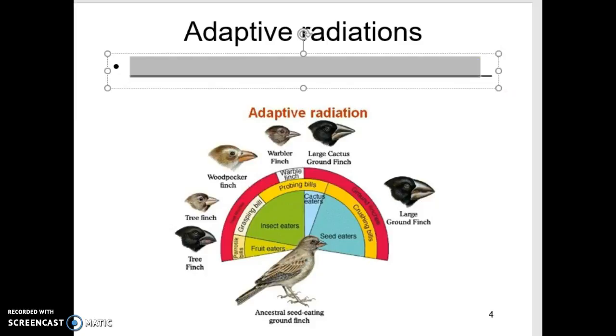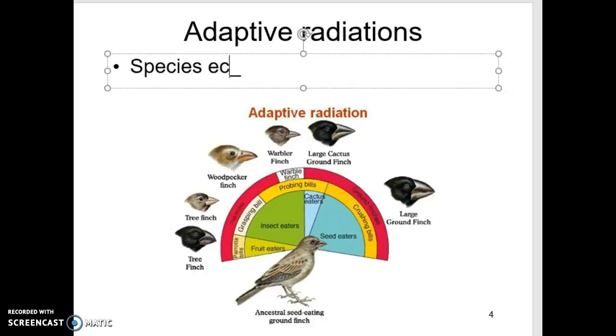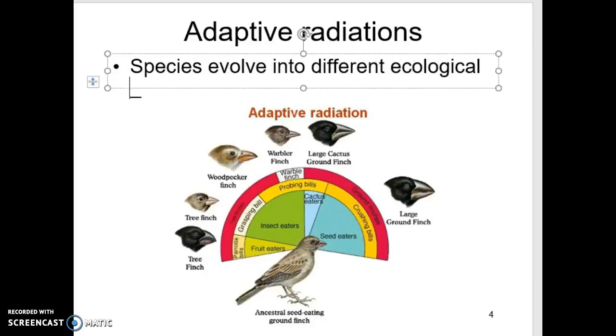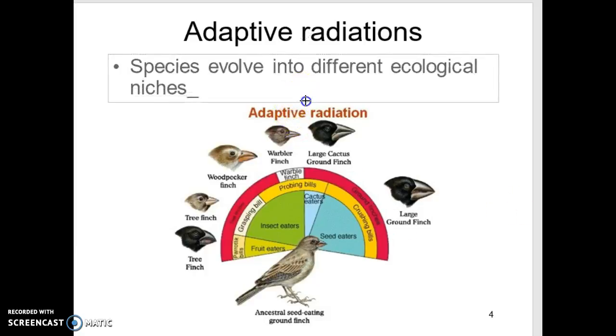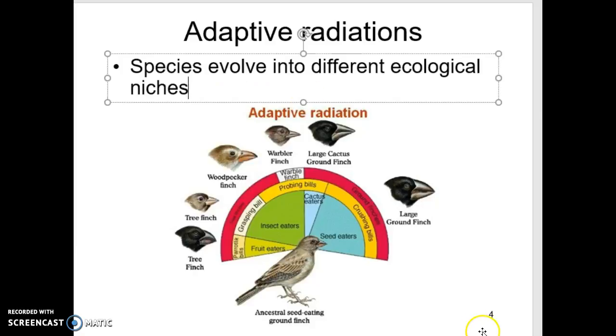So adaptive radiations is when species evolve into different ecological niches.